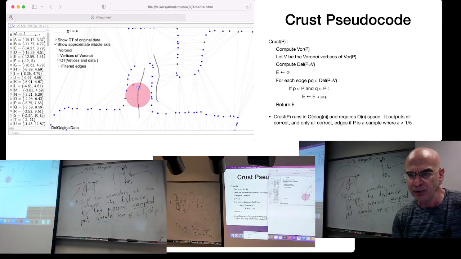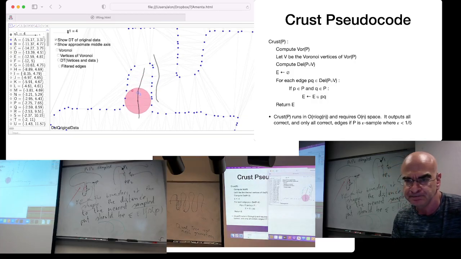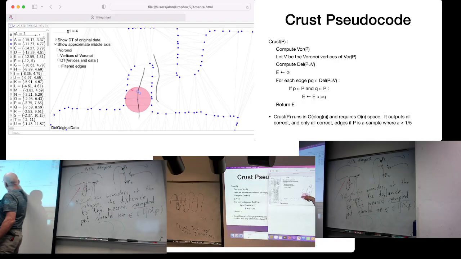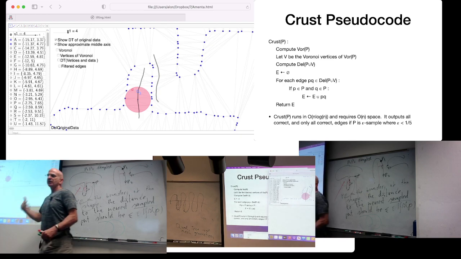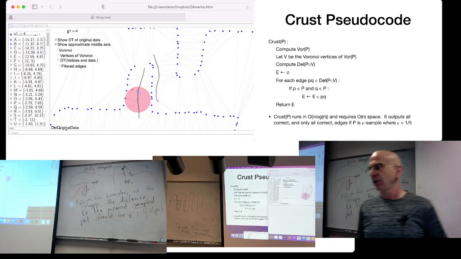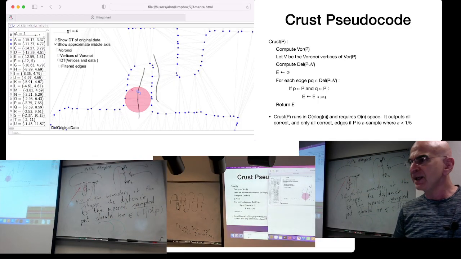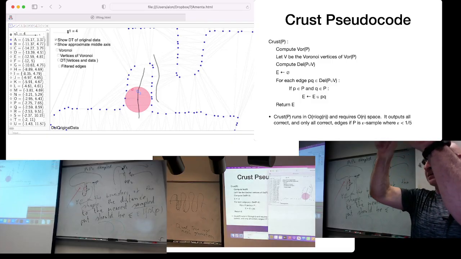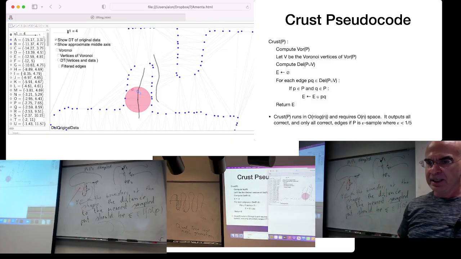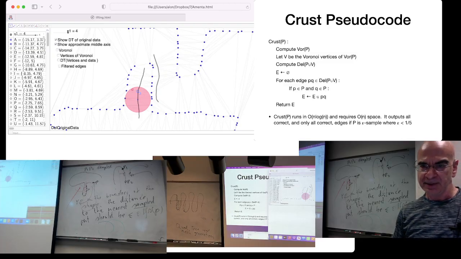And if I chop all the Delaunay edges that are crossing the medial axis, either this one inside the shape or this one that connects this shape and this shape, then somehow I'm left with a much more reasonable shape. Hopefully everybody agrees. The medial axis is exactly the scissor, the knife that you should take and cut irrelevant edges.